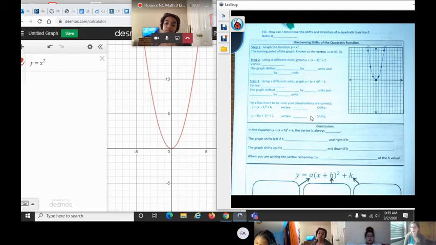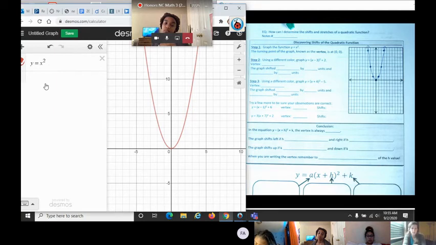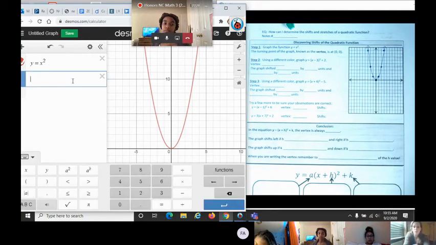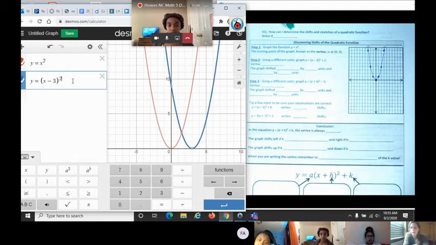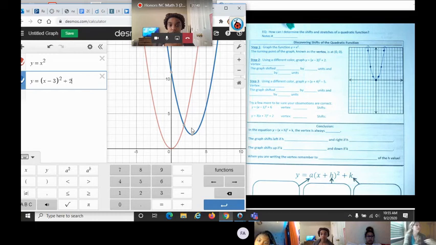So then in step 2, it says using a different color, graph that function. So now I'm going to type that function into Desmos. So y equals, and then we've got a parenthesis and x minus 3 squared plus 2. Okay, so Desmos automatically picks a different color and graphs it for you.